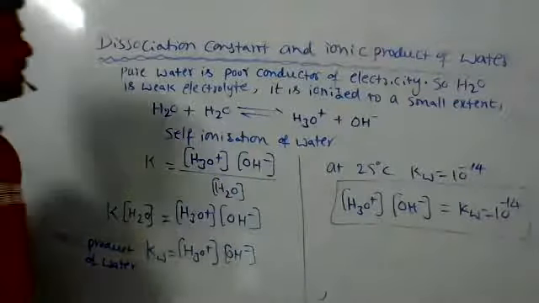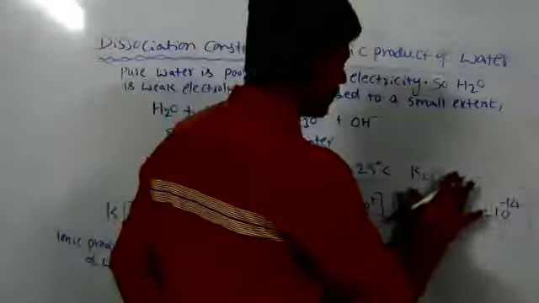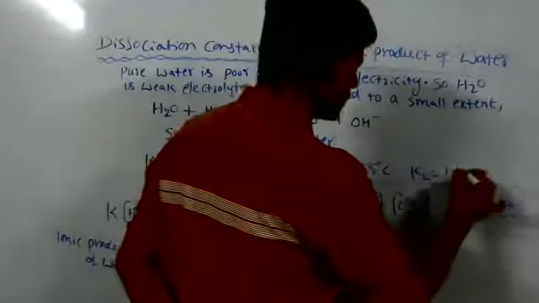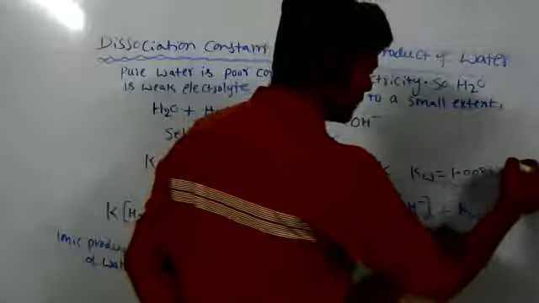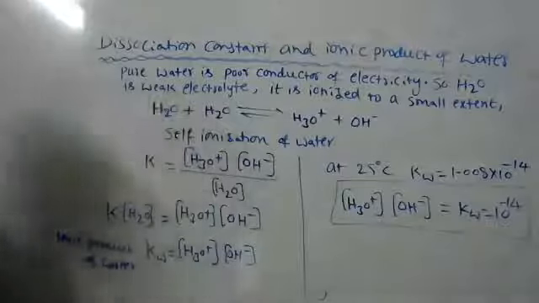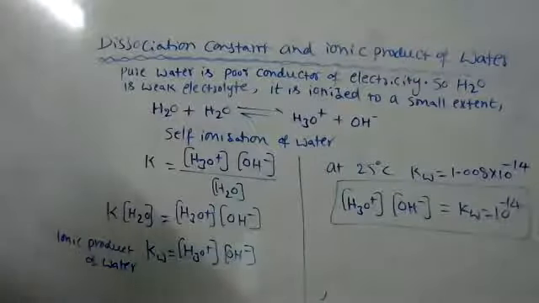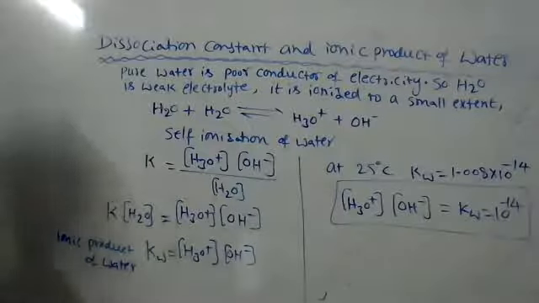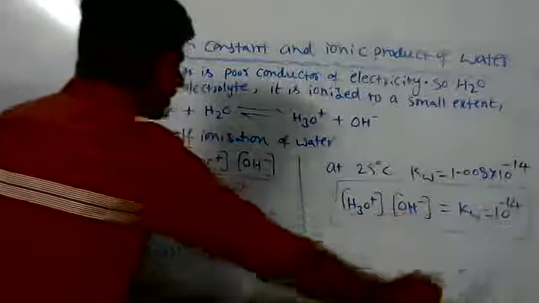If you want, at 25 degrees centigrade, the actual Kw value is 1.008 into 10 power minus 14, but conveniently we are taking only 10 power minus 14. So whenever they ask in the examination, write this only. 10 power minus 14 is enough.